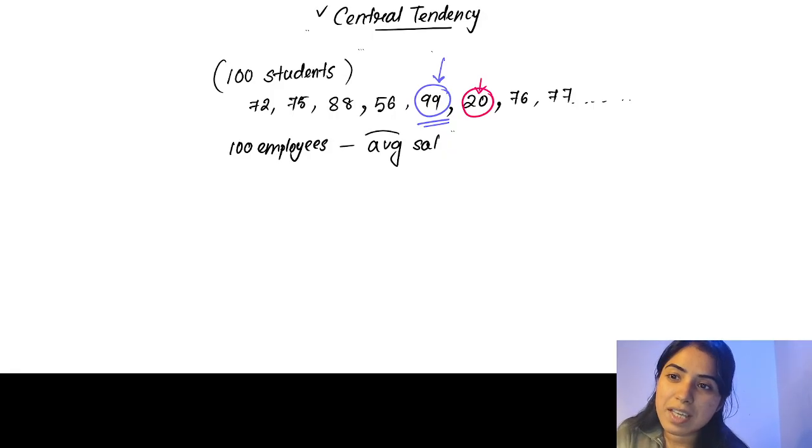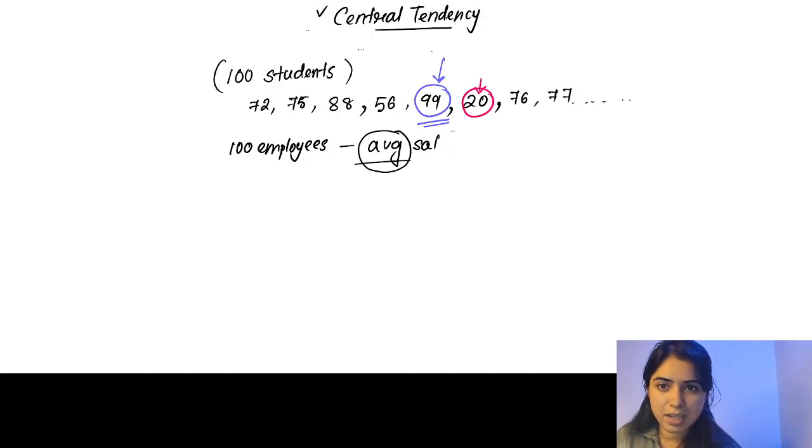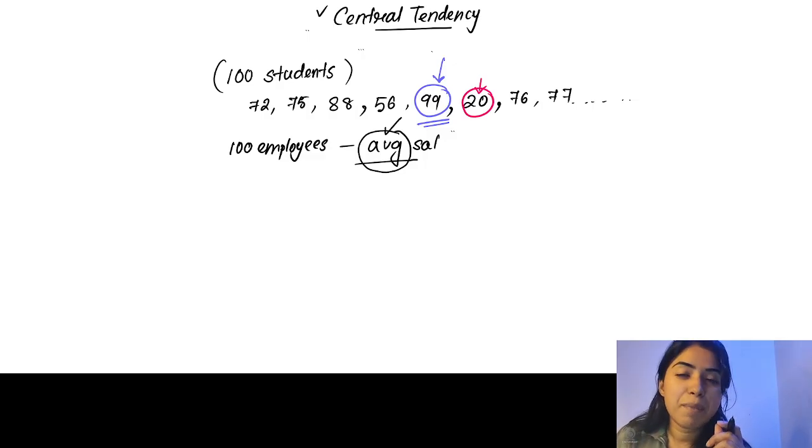Will you tell the average salary of your project manager, who earns a lot more than the normal employee? Obviously no. You will tell the normal package that most of the employees got. That's the average salary, and that measurement gives us an idea about the central portion of the data points.